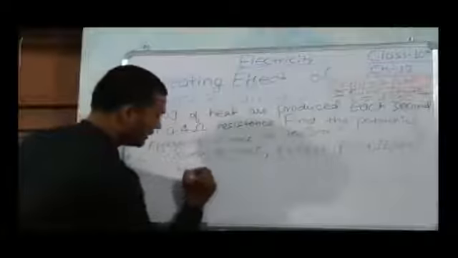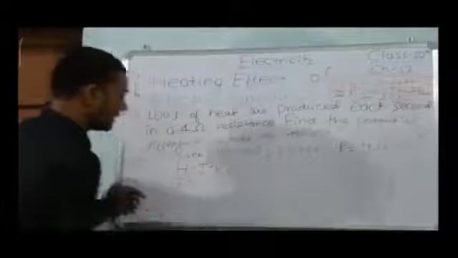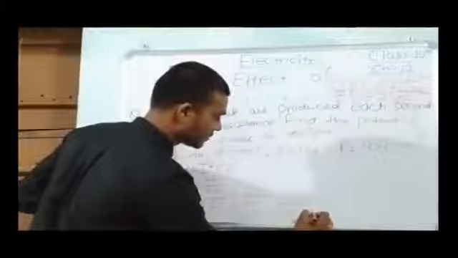We know that the formula of heat is H equal to I square RT. So I square is equal to H upon RT, and I is equal to root under H upon RT, which is equal to 5.